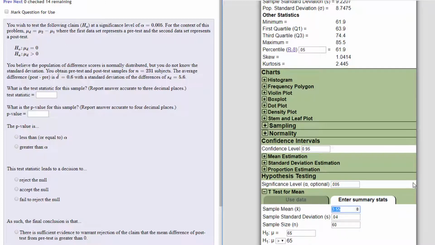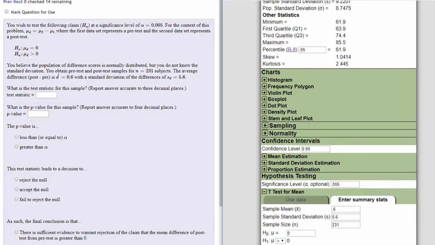The sample mean, even though it says x bar here, I'm going to put in the d bar, which is 0.6. The standard deviation it gave was 5.6. And the sample size, 231 students. And so the null hypothesis is that the mean is equal to 0, and the alternative is that it's greater than 0. In other words, we're testing whether the average change was a positive change.